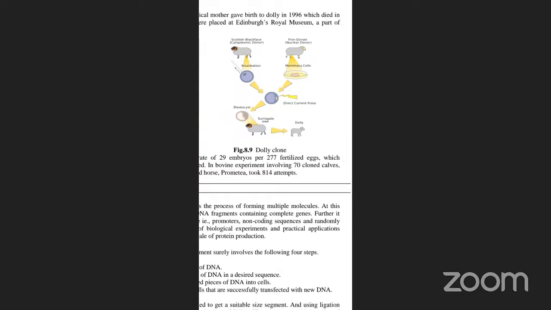So this is the process of how the cloning was done. Scottish Blackface is the cytoplasmic donor, and Finn Dorset is the nuclear donor. Mammary glands were taken, and an egg was taken. From the egg, the nucleus was removed, and from the mammary cells, the nucleus was removed and inserted into the egg. After fertilization, it was placed in the surrogate sheep, and Dolly was born.